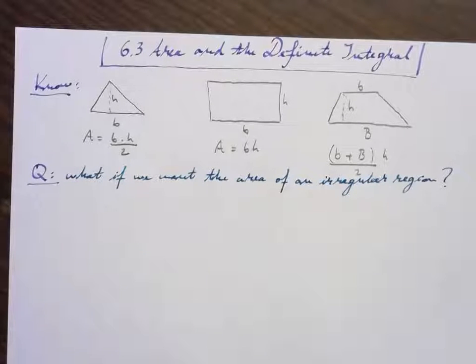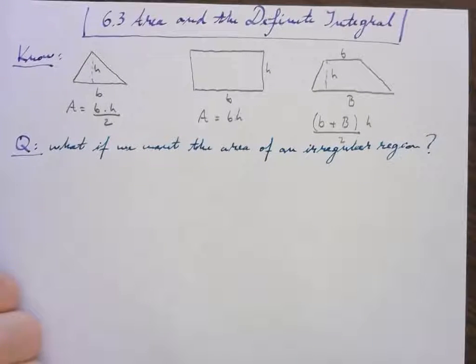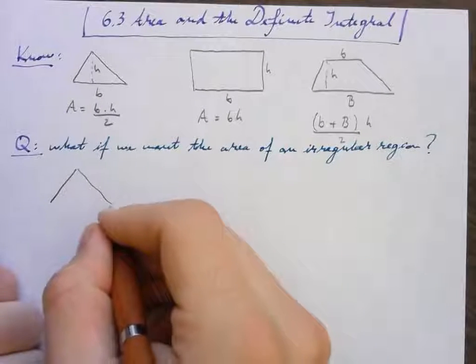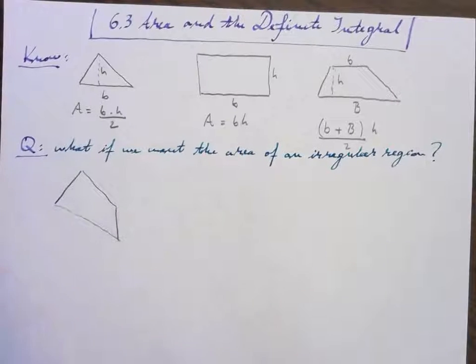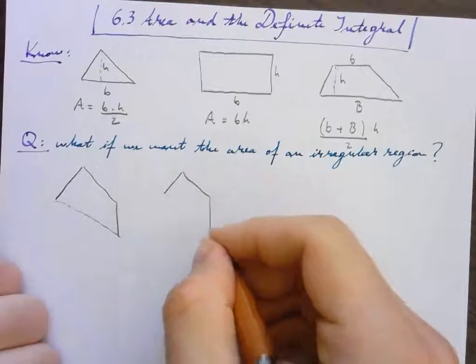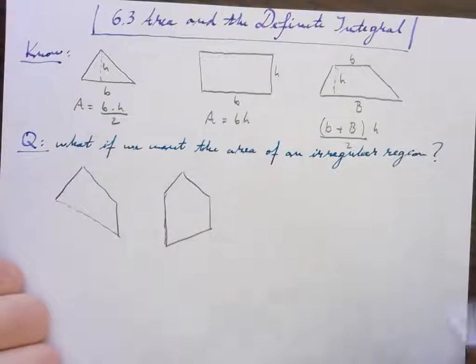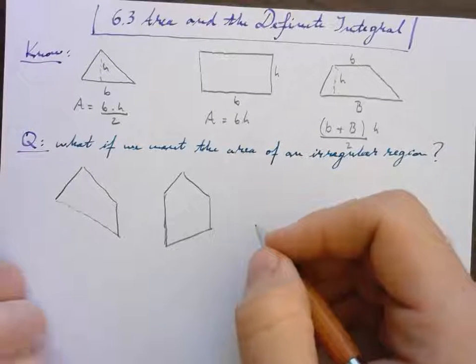And of course the answer for that is going to depend on the region, right? But let me just give you some examples of irregular shapes. We could be talking about something that is not a regular shape, so it's not a square, not a rectangle, not a parallelogram. We could have maybe some kind of pentagonal shape like this. We could also have a circle.